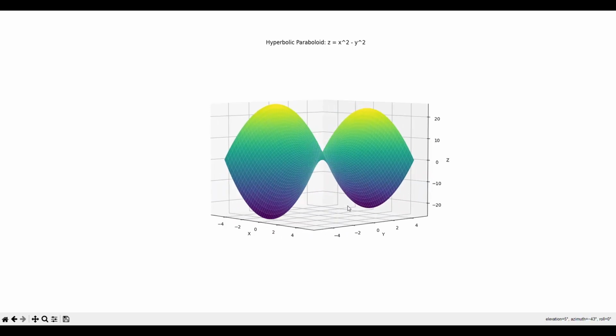The saddle shape of the hyperbolic paraboloid makes it asymmetrical along both the x and y axes. Similarly, the hyperbolic paraboloid does not have a focus, unlike an elliptic paraboloid. The saddle shape causes the surface to curve away from the origin along both x and y directions, resulting in a more complex structure without a single focal point.